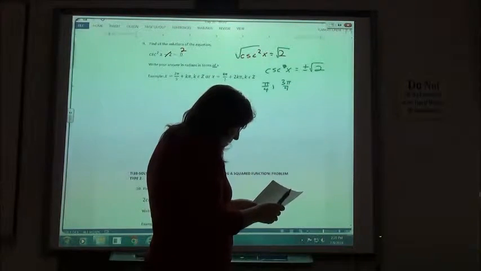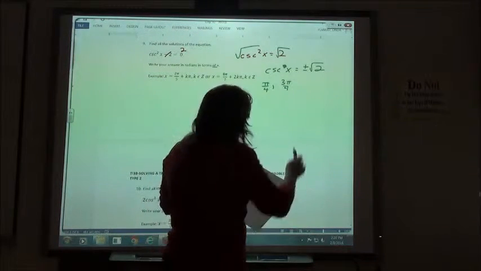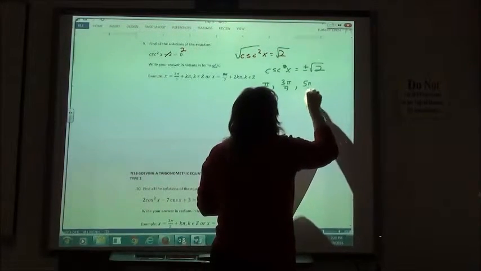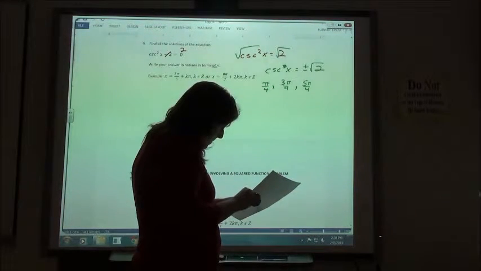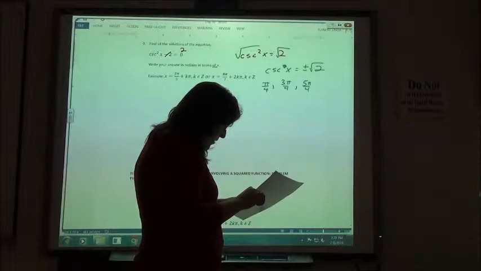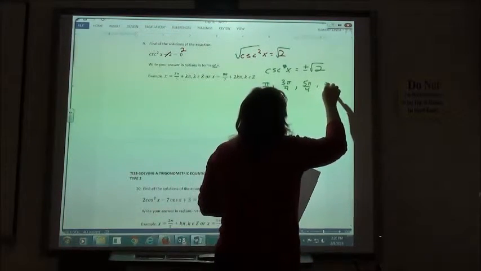If I look at my list under my cosecant for my negative square root of 2, I'm at 5 pi over 4. And if I go down my list again under my cosecant, I'm at 7 pi over 4.